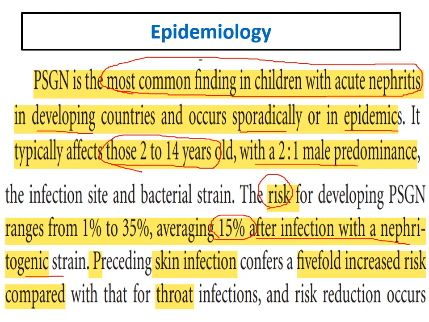But it is important to know that this risk is much higher in skin infections compared to throat infections. Skin infections by streptococcal organisms have a 5-fold increased risk compared to throat infections. So don't forget that skin infections are more risky for developing glomerulonephritis later.